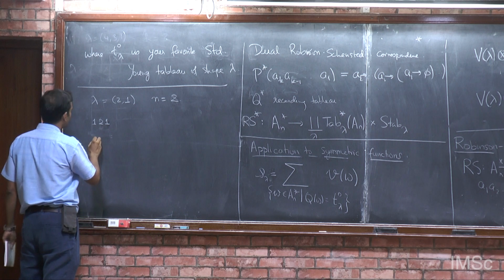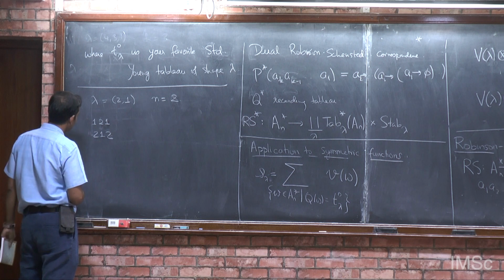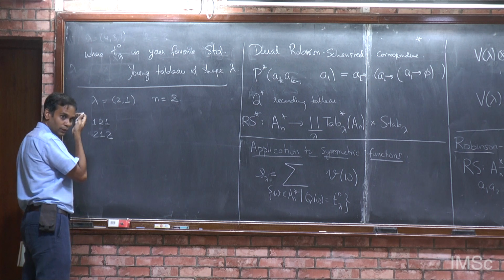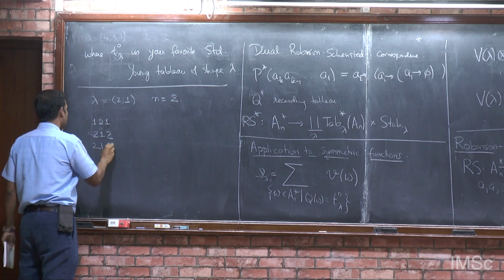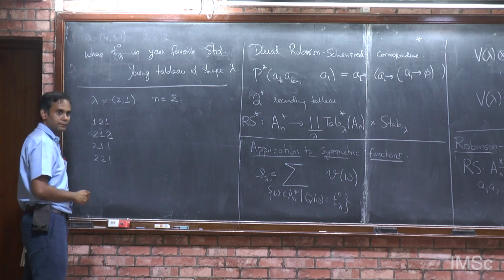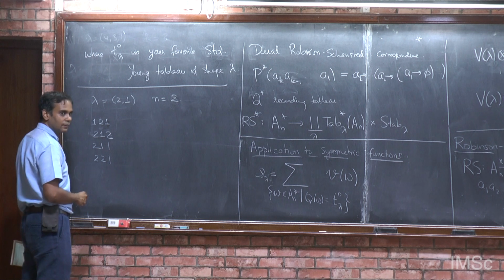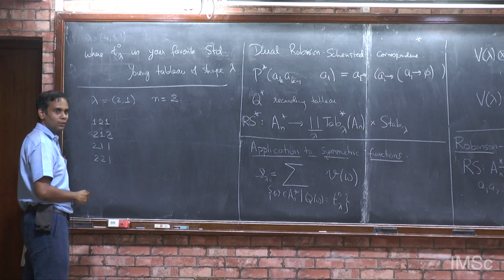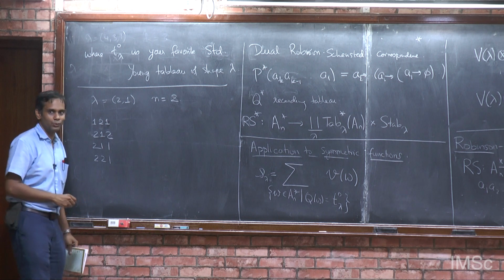So how many are there? 2 1 2, is that it? Words which are neither rows nor columns in 2 letters. 2 1 1 is a column. Oh, 2 1 1 is not a column. Great. Okay. And 2 2 1. And anything else? Nothing else, right? 1 1 2, no. 1 2 2, no. So I think this is it. 1 1 1 and 2 2 2 are no.